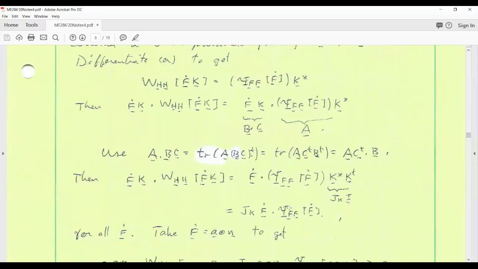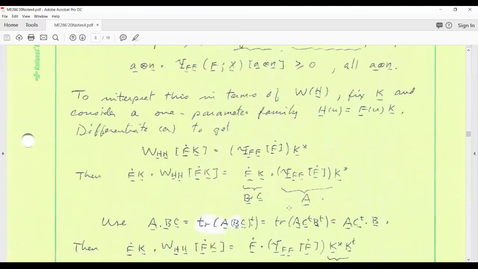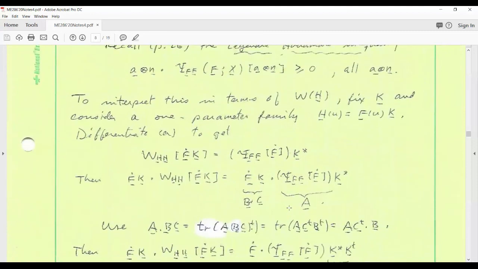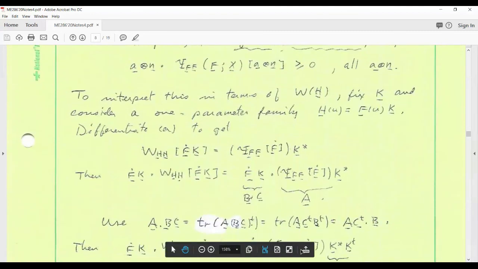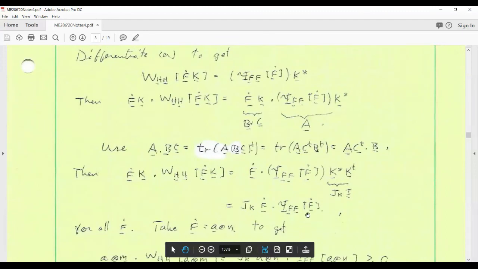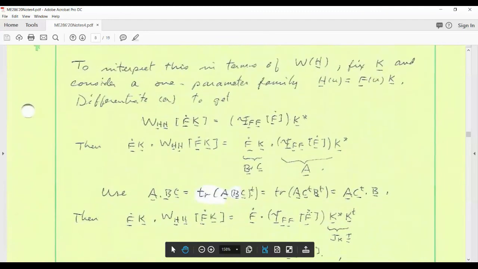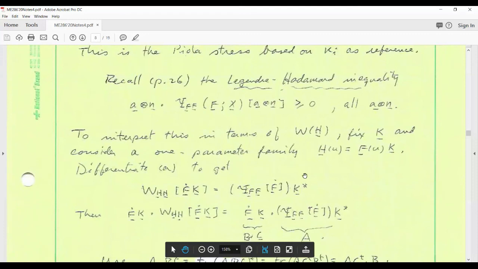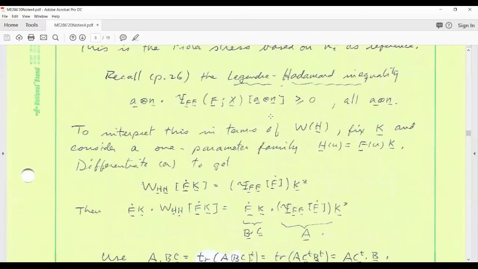Let's go back to our Legendre-Hadamard condition. What we've just done involves F dot, right? F dot is arbitrary here. Let's choose it to be A tensor product N, where A and N are vectors.